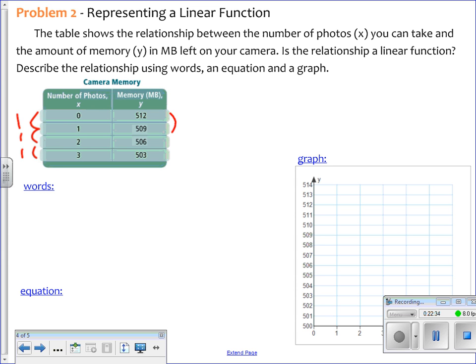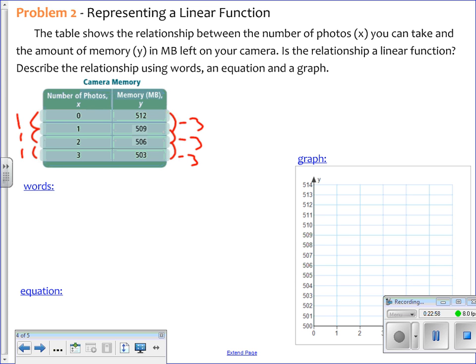How much do I go down by? 3. I go down 3 each time. Listen closely. If these are all the same and these are all the same, it's a linear function.